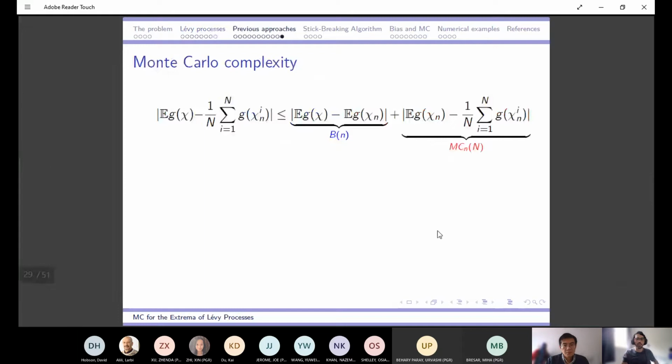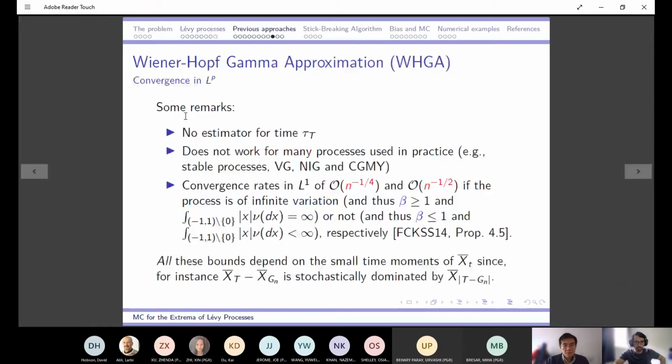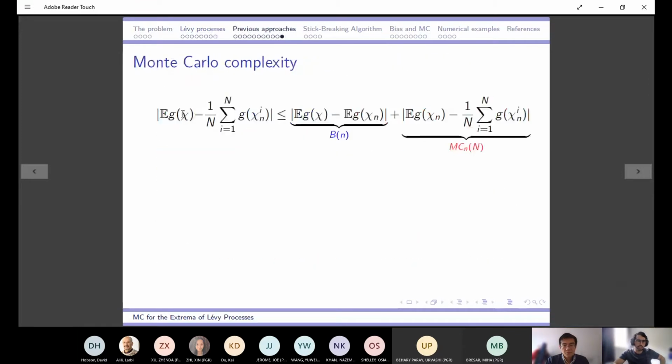Now, what will happen if you try to run a Monte Carlo method to estimate a given expectation of the vector that I described? This chi, maybe I failed to introduce it, is the triple consisting of the state, the supremum, and the time. And I want to estimate it using Monte Carlo. So I will take a little n, which is the approximation depth, and then I will draw capital N independent samples from this guy, evaluate the function g, and take an average.